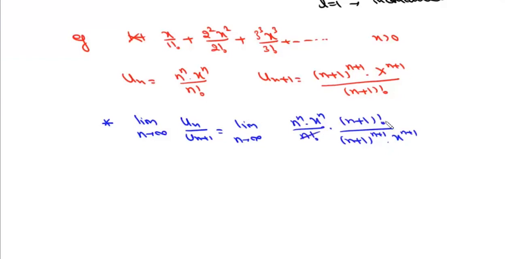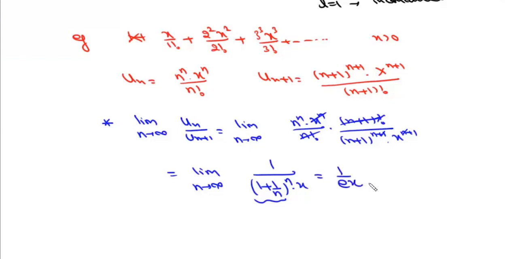Now here this factorial n will cancel, so this n+1 will also cancel. So we can write this as the limit n tends to infinity of 1 upon, here x to the power n will also cancel, so it will be (1 plus 1 by n) to the power n into x. Now this is a standard limit, which is e, so it will be equal to 1 upon ex. So from the ratio test, we got this limit as 1 upon ex.